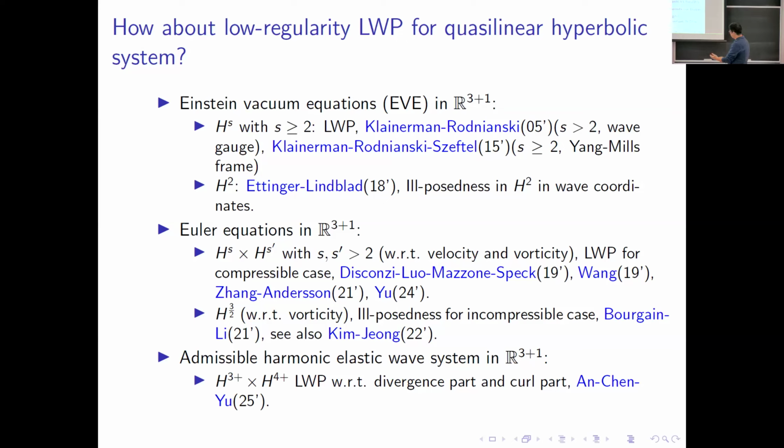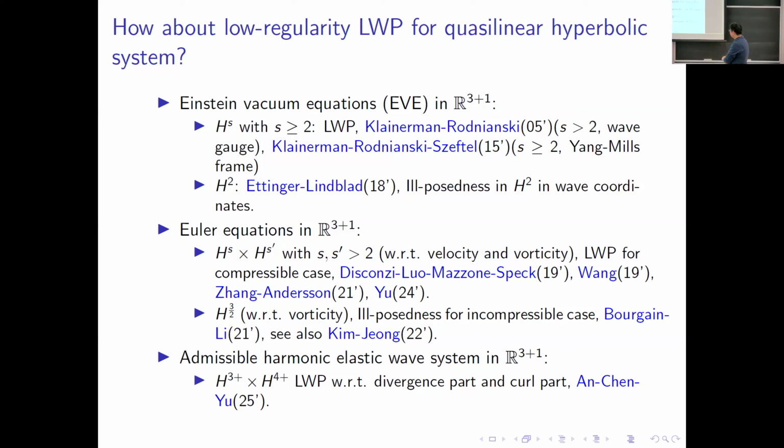This was proved by Visconti, Luo, Mazong, Speck, and also Qian Wang, and also later by Huali Zhang and Anderson. They proved this for the compressible Euler equation, and Sifan Yu is here. He extended this to the relativistic Euler equation and proved the desired low regularity local ill-posedness result.